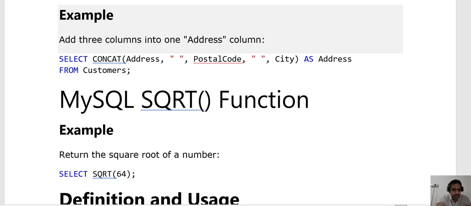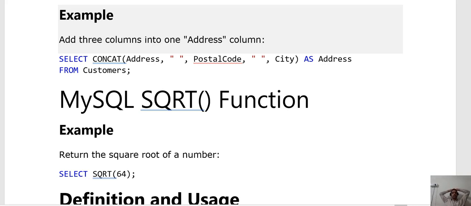Some examples from the CONCAT function point of view. As you can see, add 3 columns into one address column. We can do it with the help of SELECT CONCAT(address, ' ', postalcode, ' ', city) AS address FROM customer. So what this command will do is add the 3 columns together with a space, and then show it as an address column.